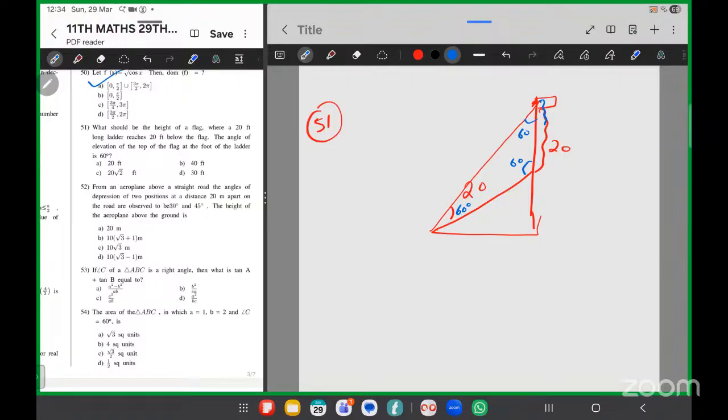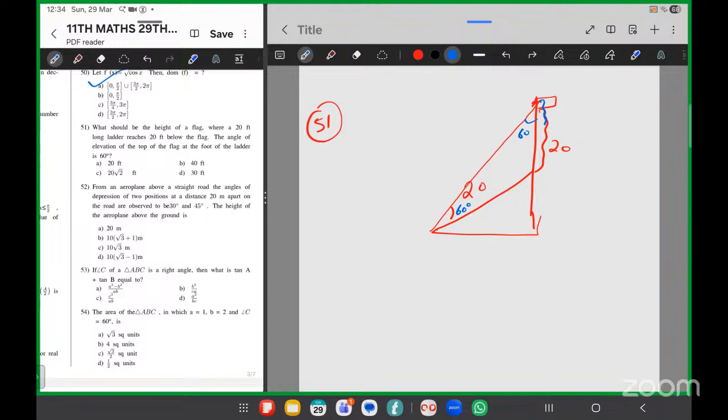Is this 60? No, it is not 60. What is it? 20, 20. What should be the height of the flag where a 20 feet long ladder reaches 20 feet below the flag?